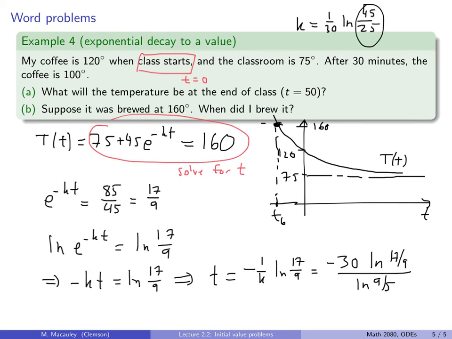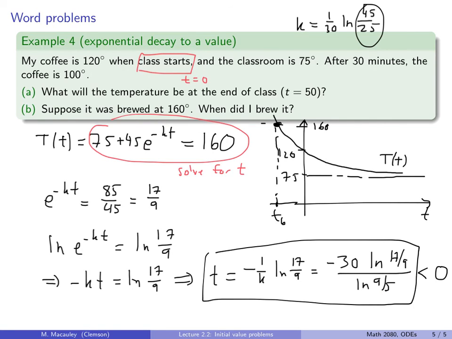And notice this, because these numbers are greater than 1, both of the natural logs are positive, and so this time is negative, and that checks out. If we had gotten a positive number, we would be careful.